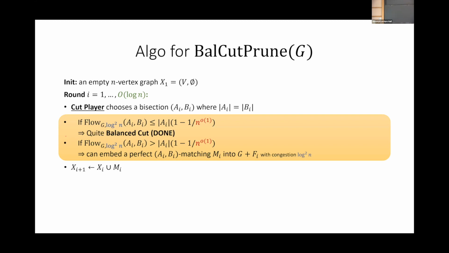Either you get a balanced sparse cut and you're done, or you can embed a perfect matching into the graph. Look at that perfect matching, add it into your graph for the cut matching game, and proceed to the next round.